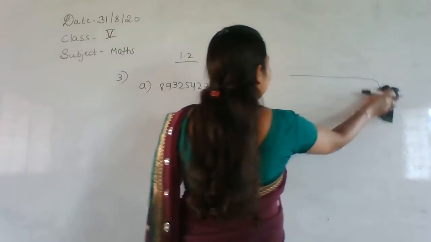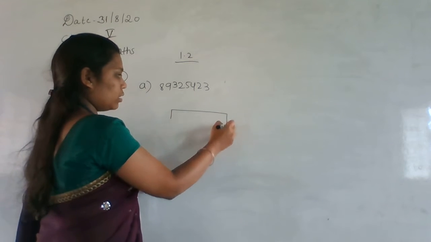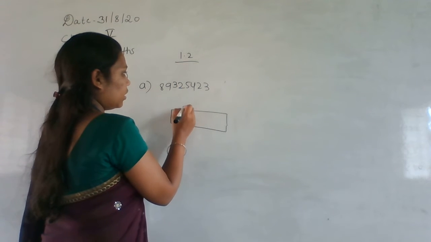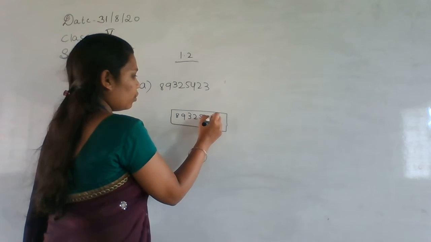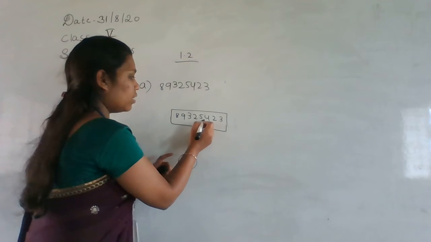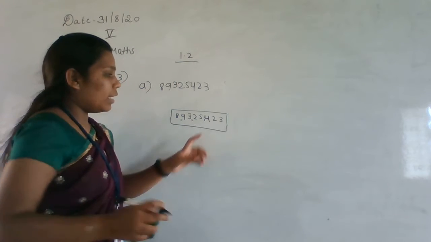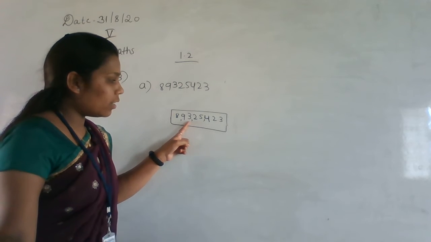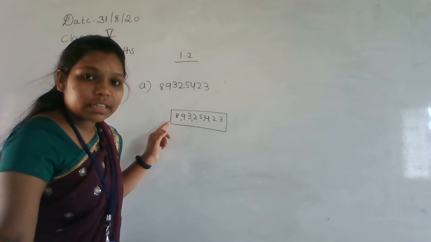Here I have no place, so I am writing below: 8, 9, 3, 2, 5, 4, 2, 3. First we put a comma after 3 digits, next after 2 digits. Read: ones, tens, hundreds, thousands, 10,000s, and here lakh, 10 lakh, here crore. Now, what is the number name of this number?